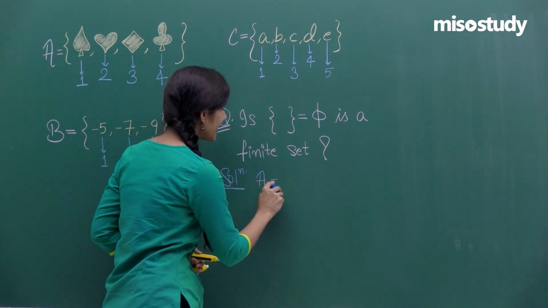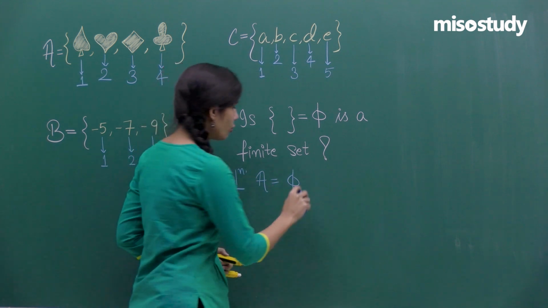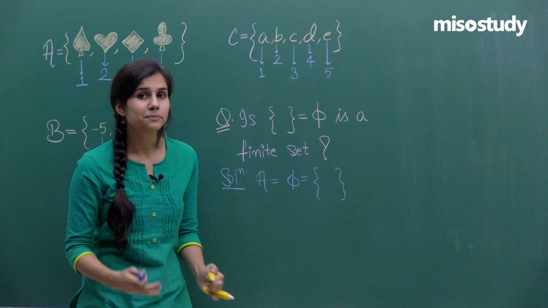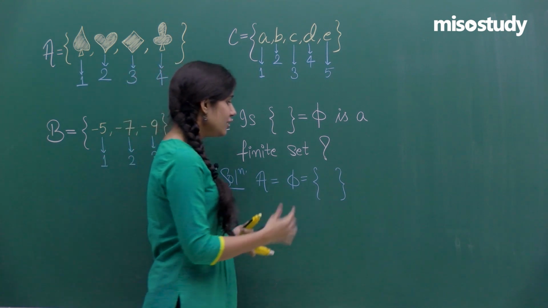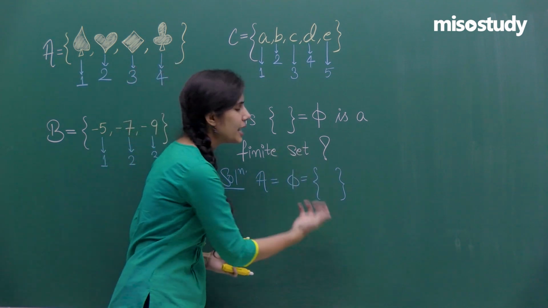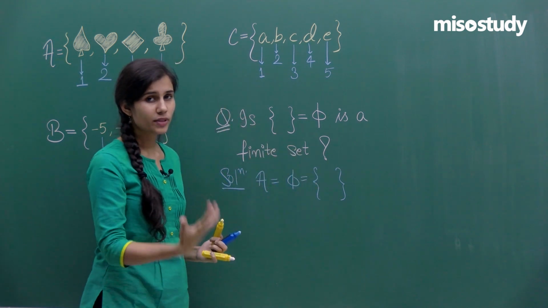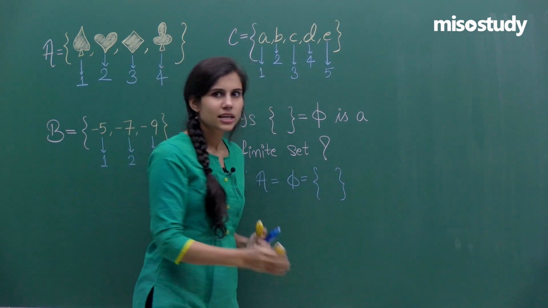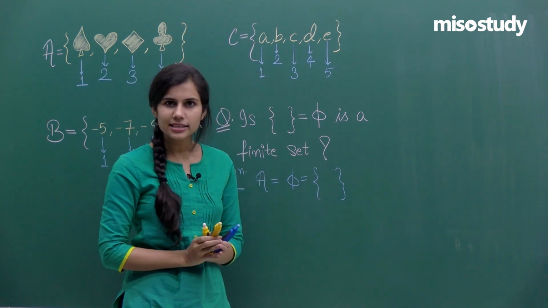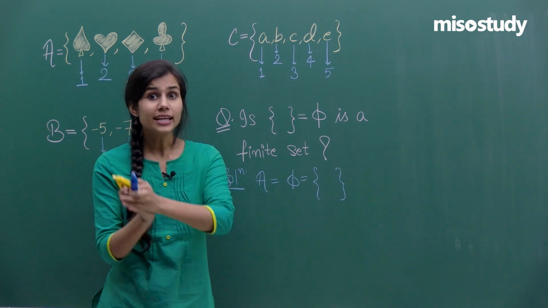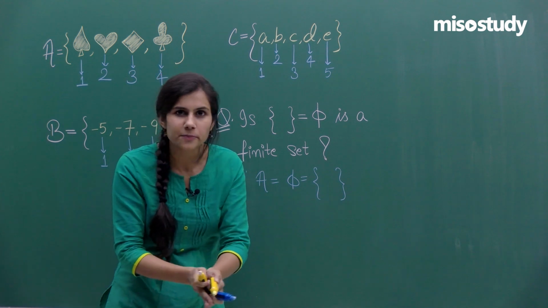Suppose my set A is my empty set, which is also given by empty brackets. In order to declare if it is a finite set, I will have to label the members of this set with the help of natural numbers. In order to label the members, there should be some member inside this. But there is no member inside this, and so the labeling is not possible.